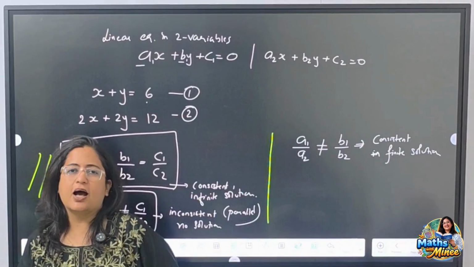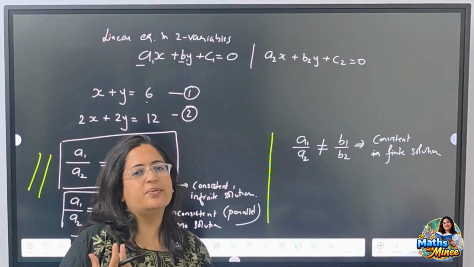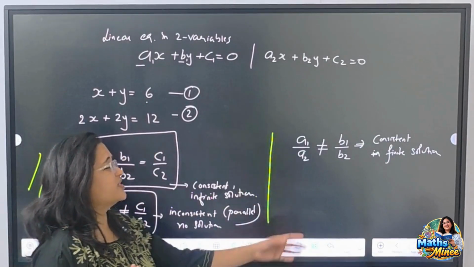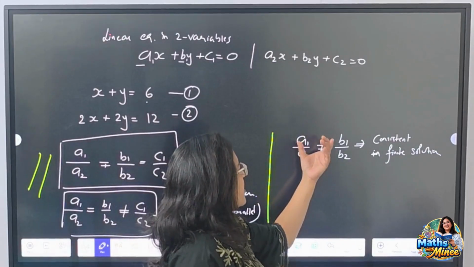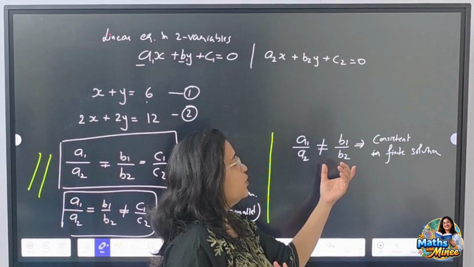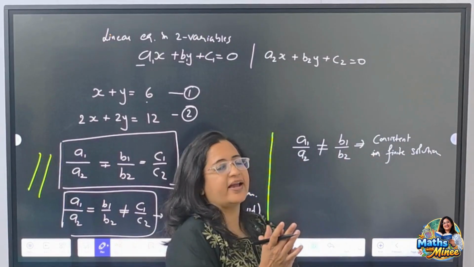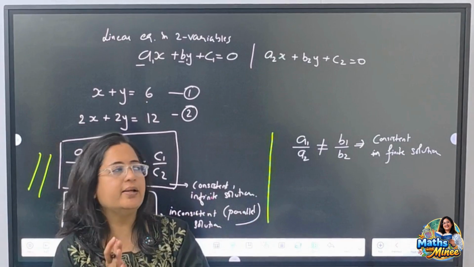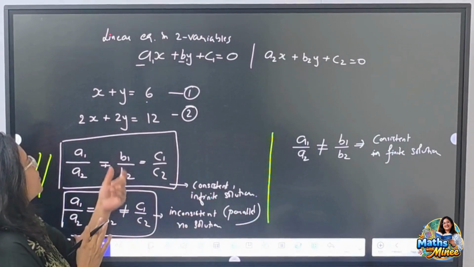Are you getting this? अगर a1 by a2 is not equal to b1 by b2, then we can get finite solution, right? चलिए, so let us check for this equation.